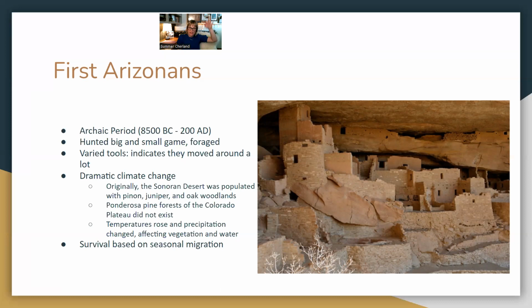And those ponderosa pines, those really tall pine trees that existed on the Colorado Plateau, they weren't there yet. That's how old we're talking, right? Those pine trees are hundreds of years old, and they were not there yet before the people that we're discussing today. Temperatures rose over time and precipitation changed, making Arizona much more arid, and this affected vegetation and water.